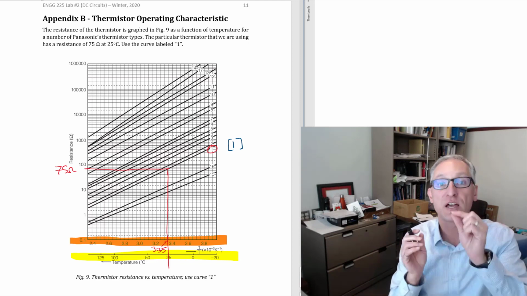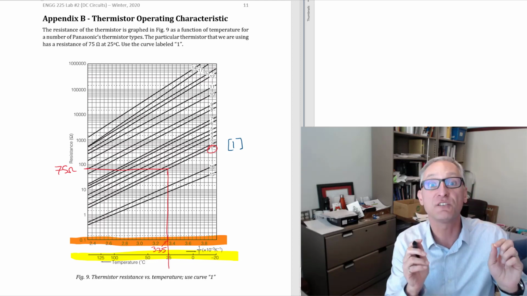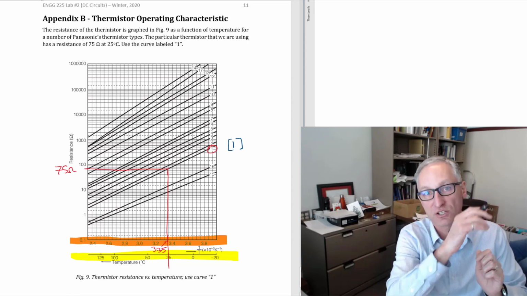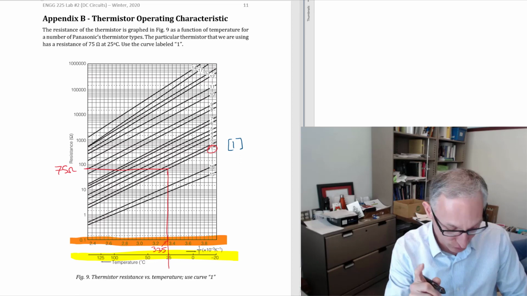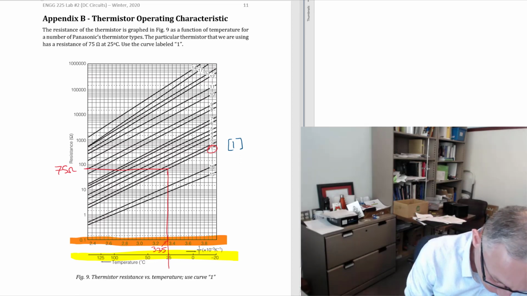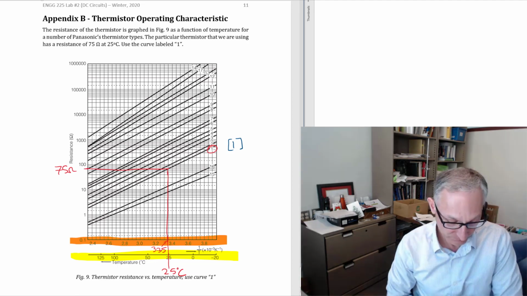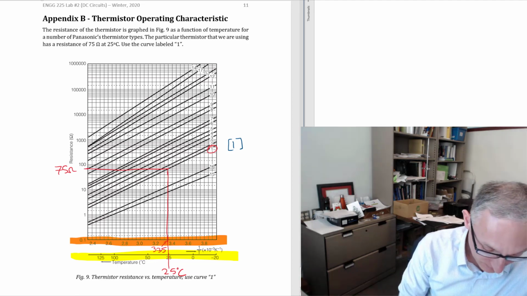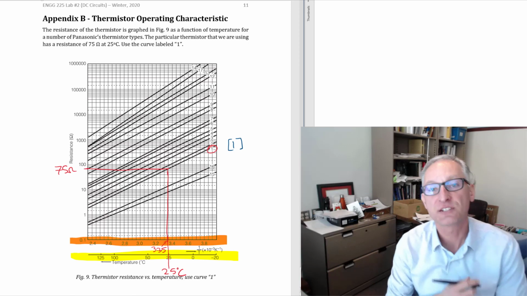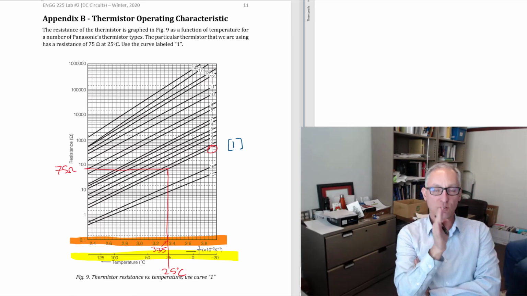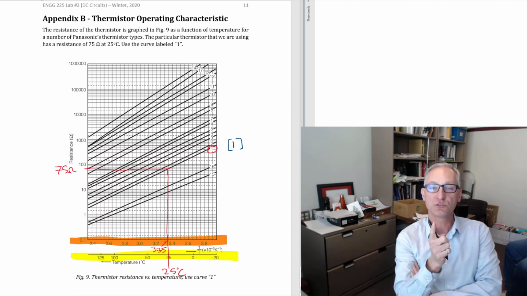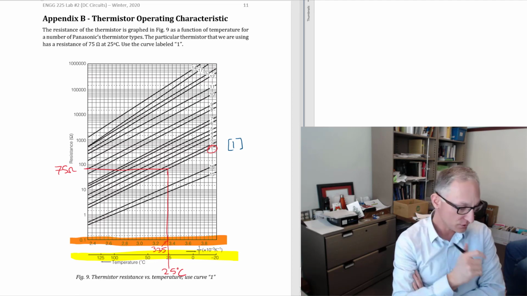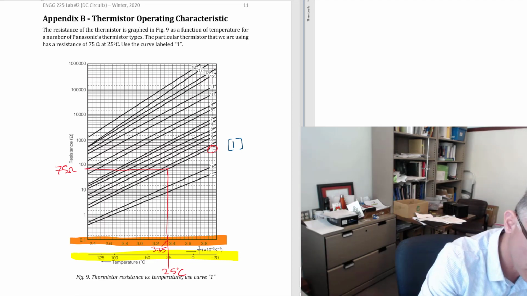At 25 degrees, that thermistor has a resistance of 75 ohms, like what we discussed earlier when we were talking about balancing the Wheatstone bridge. So let's say 25 degrees Celsius. But the orange scale is a lot more precise. If we want to make a proper measurement, we'll use the orange scale, and I'm going to show you how to use the orange scale.